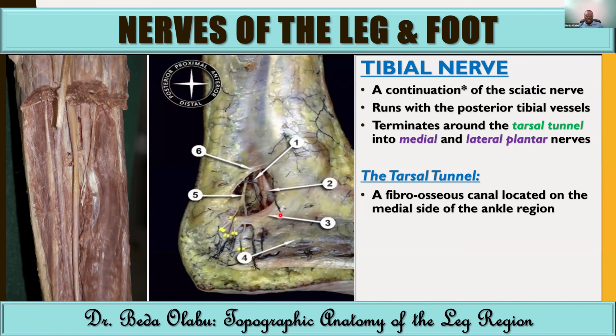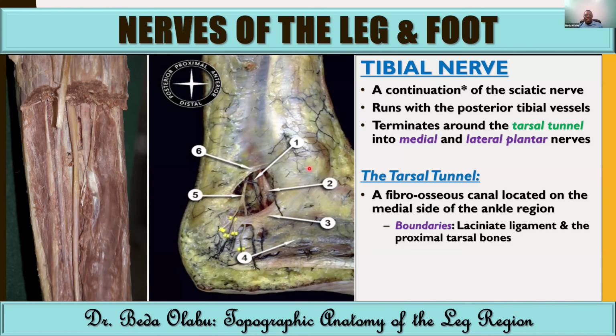This fibro-osseous canal is formed by the laciniate ligament. The laciniate ligament is the flexor retinaculum of the ankle. Partly it's been removed here so that you can see the deep structures, but yes, this is the flexor retinaculum.